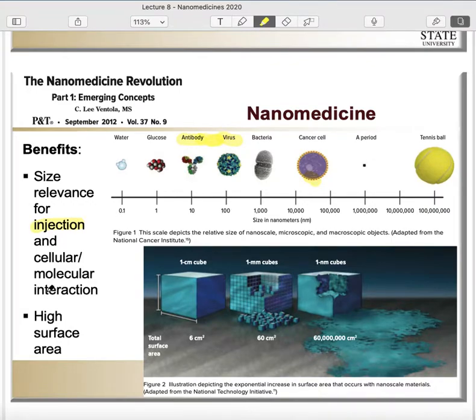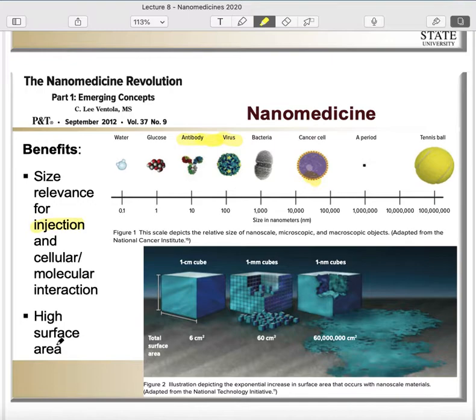Also, obviously, they're going to have high surface area. And that's something that might or might not be useful in our application. Well, one of the reasons why it might be good is that having a high surface area again enables us to modify the surfaces in such a way that we can create a multifunctional nanoparticle that might have, again, a targeting agent or a fluorophore to enable us to track the nanoparticle.